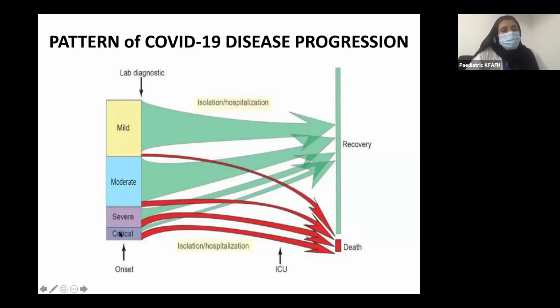But the severe and the critical are more likely to be ICU admissions, and the fatality is high. And unfortunately, now we see more patients in the severe and critical groups. So we are now having more patients that require intensive care admissions and ventilatory support.